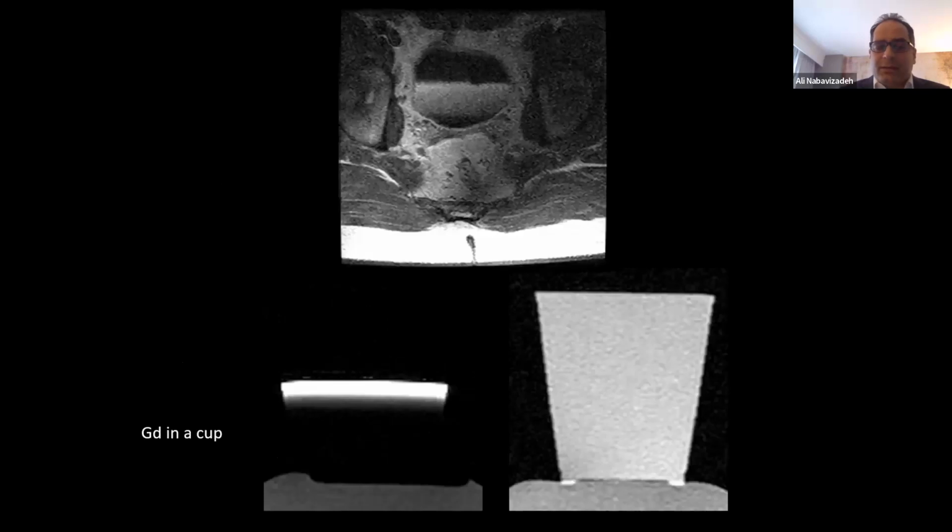And so sometimes when you do body imaging and when you look at the dependent gadolinium in the bladder, you can see that it's dark. And you can also test it on the magnet. If you pour gadolinium in a cup and image it, it will be completely dark because high concentration of gadolinium basically causes signal drop.